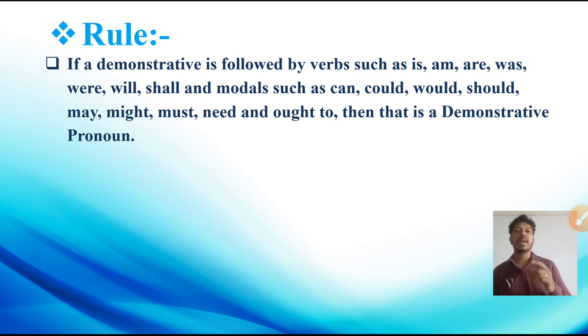So here the rule is that if a demonstrative is followed by verbs such as is, am, are, was, were, will, shall, and modals such as can, could, would, should, may, might, must, need, and ought to, then that is a demonstrative pronoun.